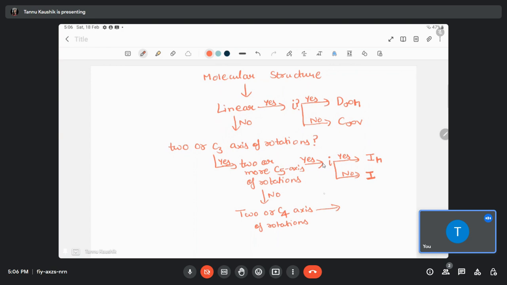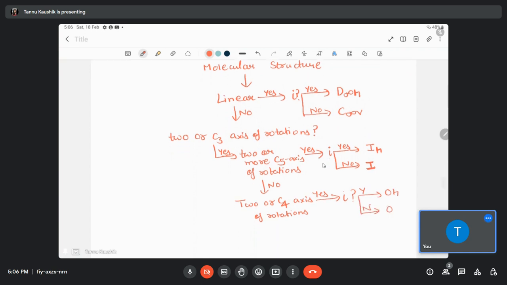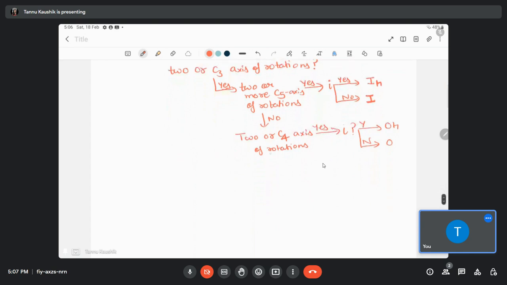If we have two or more C4 axes of rotation, then we will again check for an inversion center. If an inversion center is present, then it is octahedral point group, and if not, then that comes under O point group.